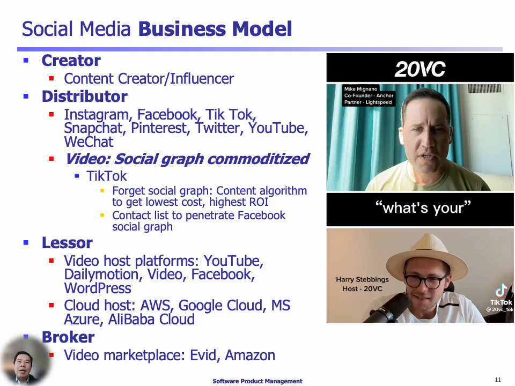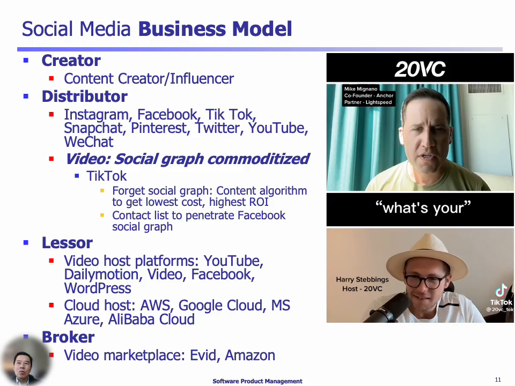Now, the leaser is the one who actually gives you the right to see this by temporarily having license to this product, the content from the creator, and passing it to you. And again, this could be Facebook. So some of these platforms are also the leaser. Video, YouTube, WordPress, AWS, cloud, and so on.